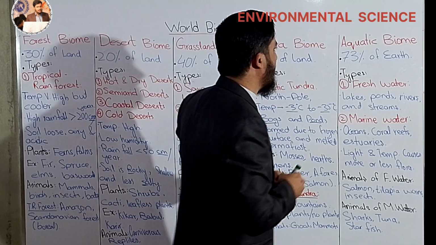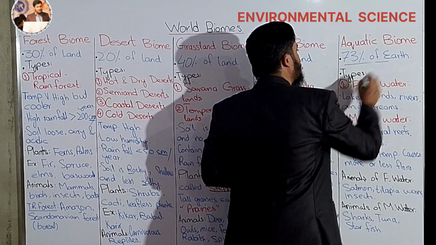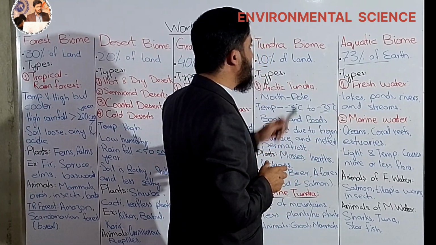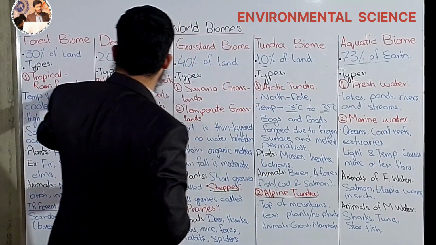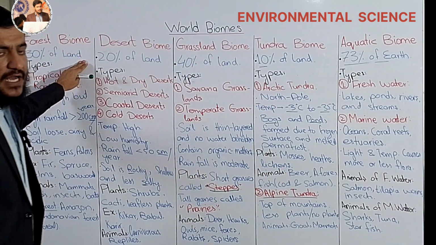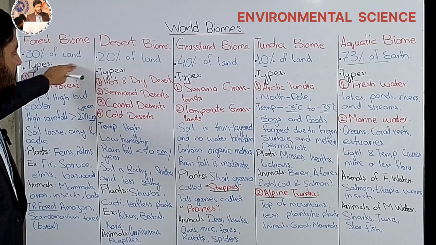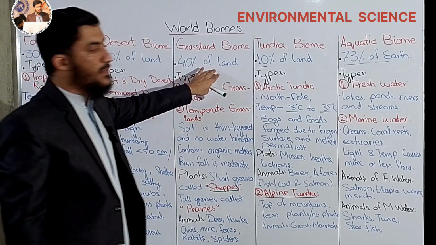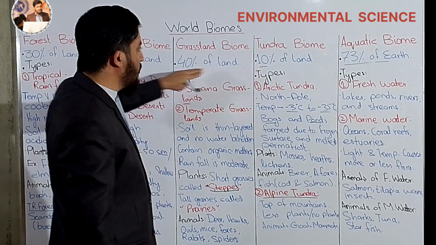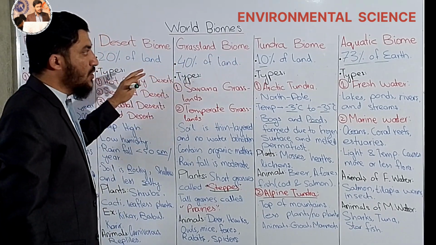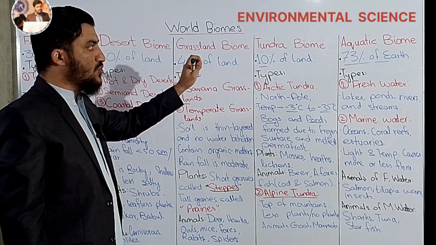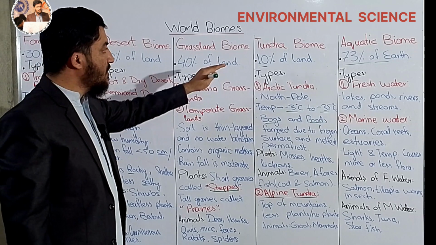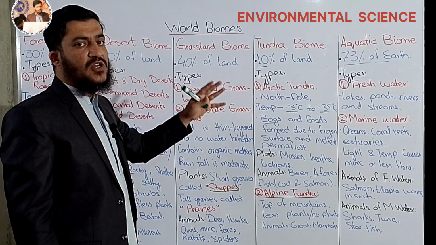The aquatic biome occupies 73% of the earth. One thing to understand: I have written that forest has occupied 30% of the land, then desert 20%, grassland 40%, and 10%. If you count these, they make 100%, which is the 27% of the total land.